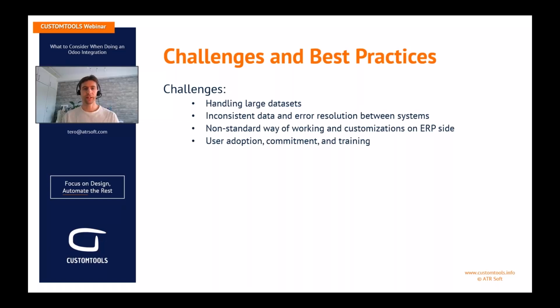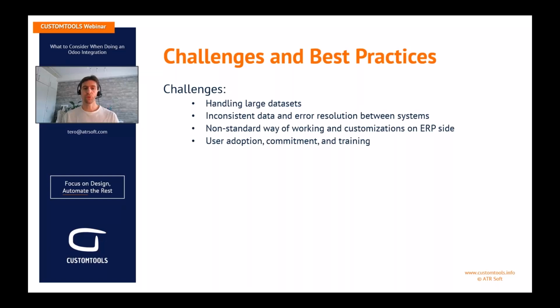A good mitigation strategy is to minimize customizations by aligning ERP workflows with standard practices. Document all customizations thoroughly to ensure maintainability and test integrations thoroughly after system updates to prevent compatibility issues.